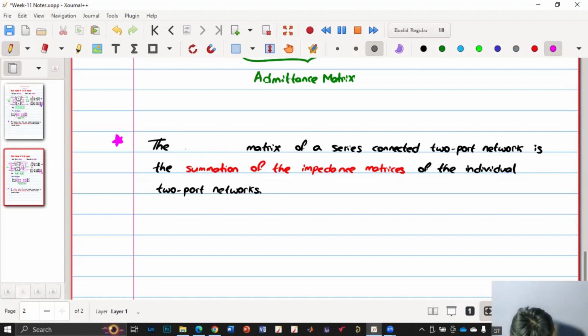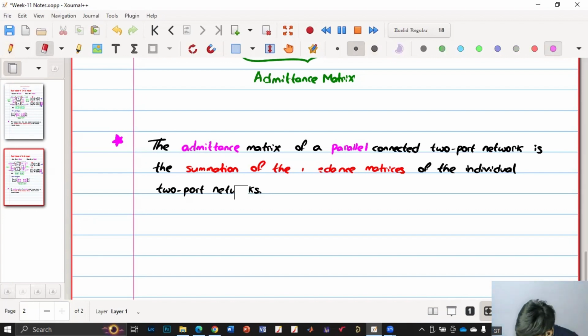The admittance matrix of a parallel connected two-port network, previously it was series connected, now it is parallel connected, is the summation of the admittance matrices of the individual two-port networks.